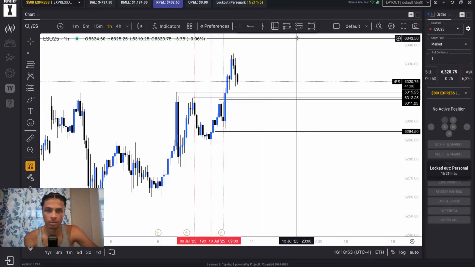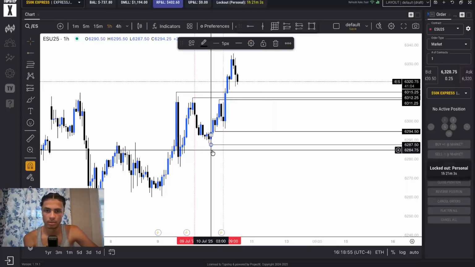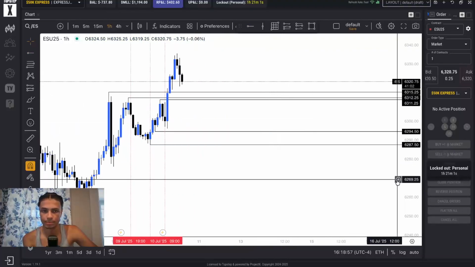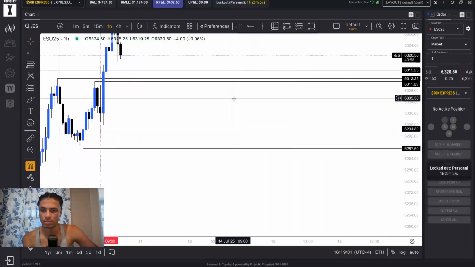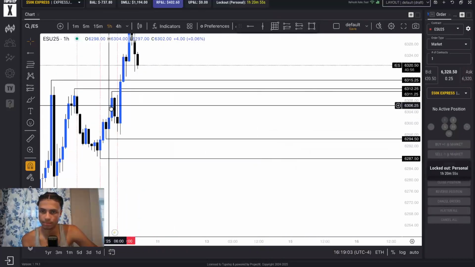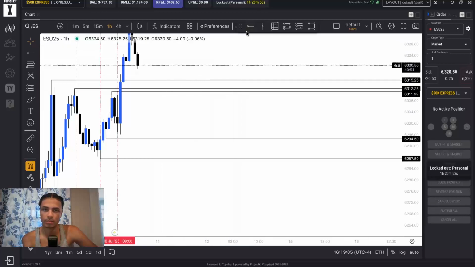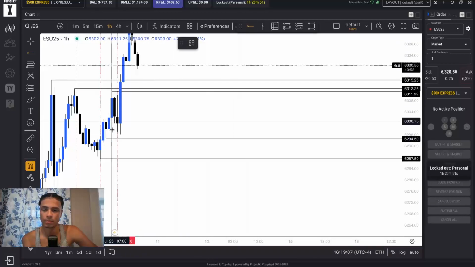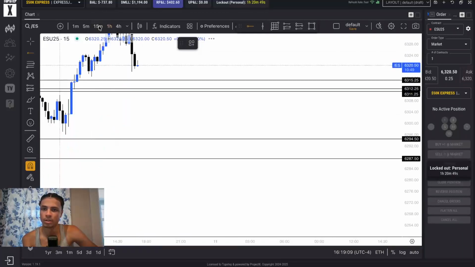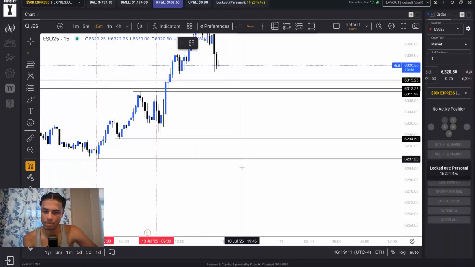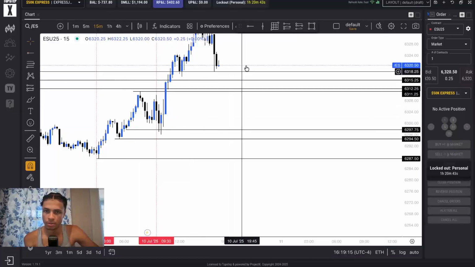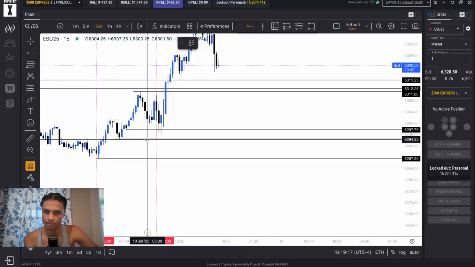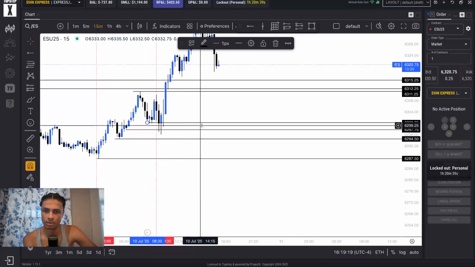And there are these lows. Then we scale down to the 15-minute, and there's this low and these equal lows.